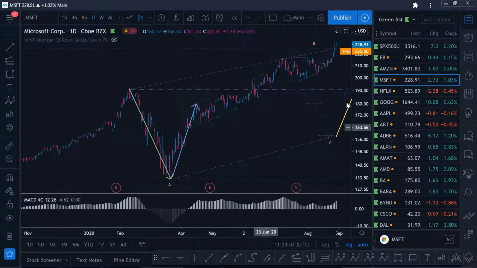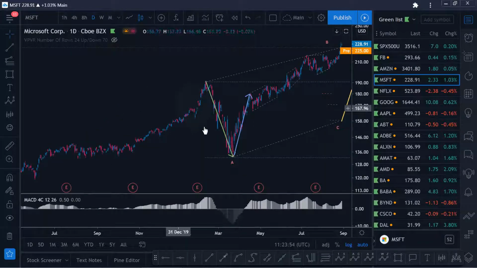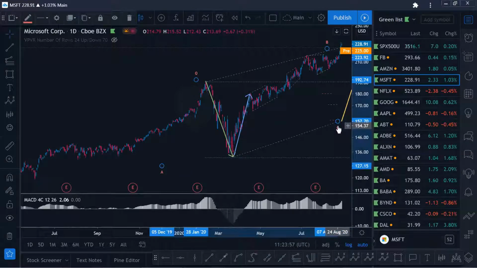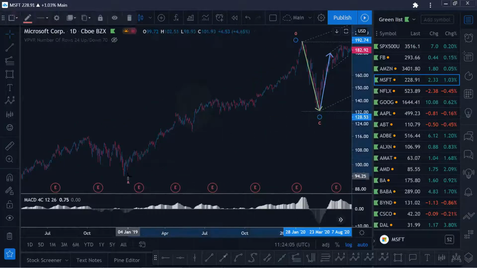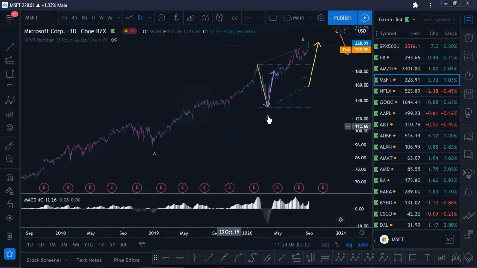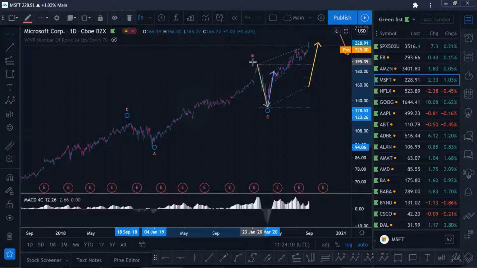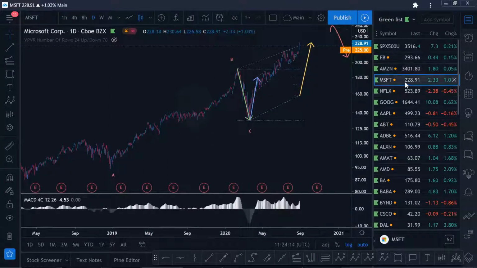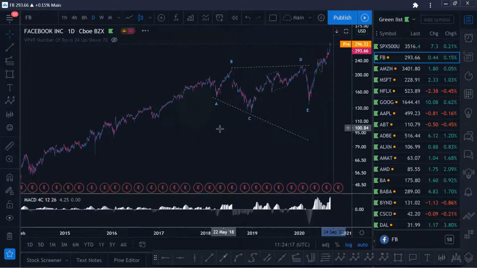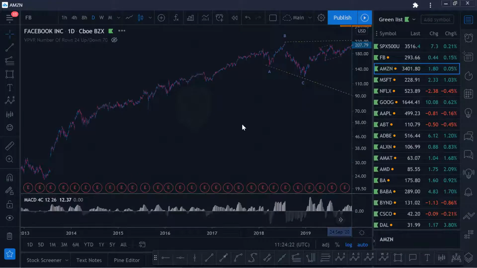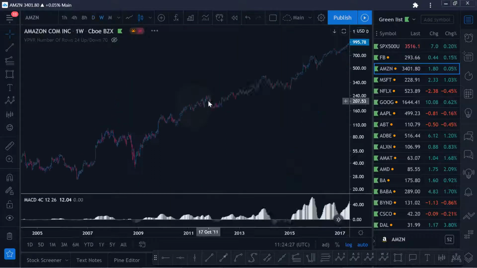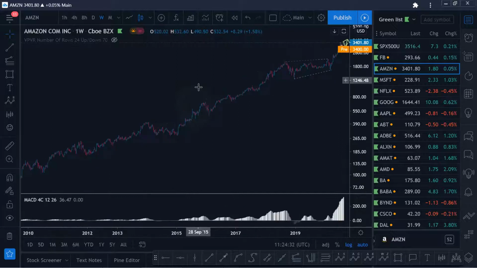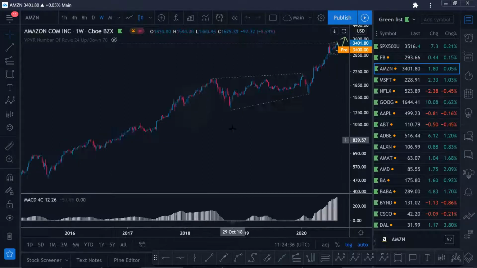It's hard to say if we are in this corrective structure or it is following the same thing like everything else, where perhaps what we have as an A wave is actually a C wave or a zigzag correction or an expanding triangle, or a running triangle, sorry, or a running flat, and our A wave is going to have to go all the way back there, like in Amazon, like in Facebook, where you see, it's more like Amazon, sorry, where you see the initial wave of the correction occurred back in 2018.